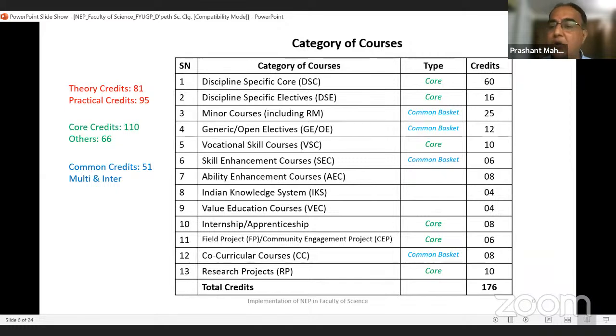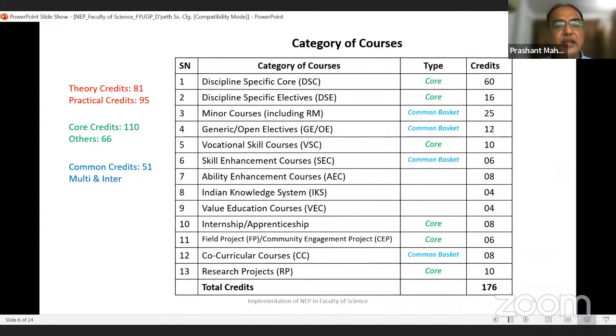See here, what inference do we draw? Earlier, in the first part, that is 81 theory credits and 95 practical credits. Earlier, when I was going through the earlier scheme of the BSc, I found that almost 65 to 70% of the credits were allotted to classroom teaching, that is theory and tutorial.